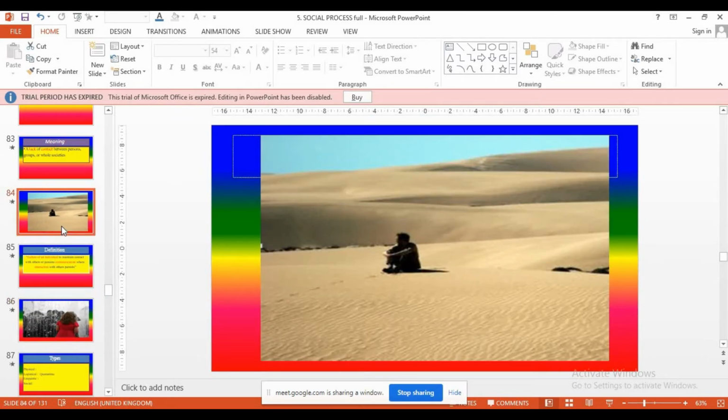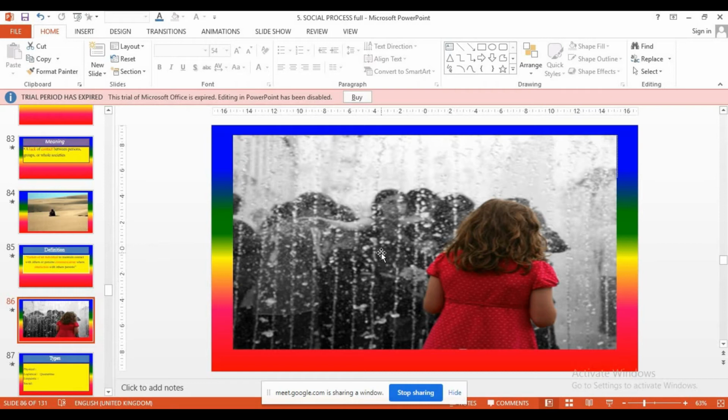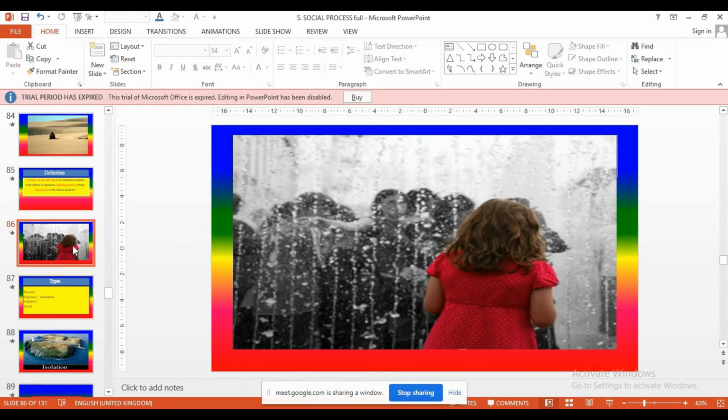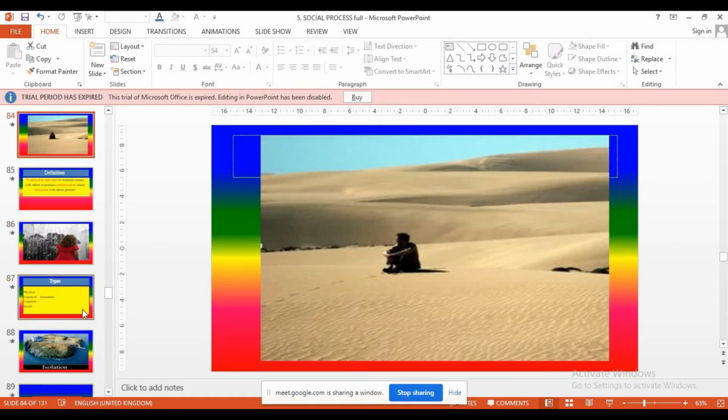So there are different types of isolation. First, physical isolation, due to physical factors such as water or landscape.